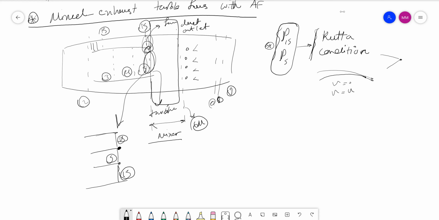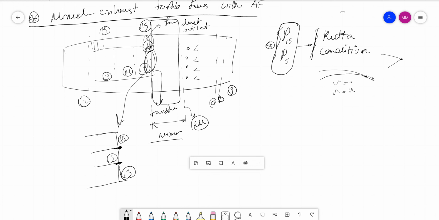The pressure at this line here can be considered a trailing edge of the core. Okay, so at this trailing edge, in order for the continuity equation to hold true, these pressures P5 and P15 must be equal.